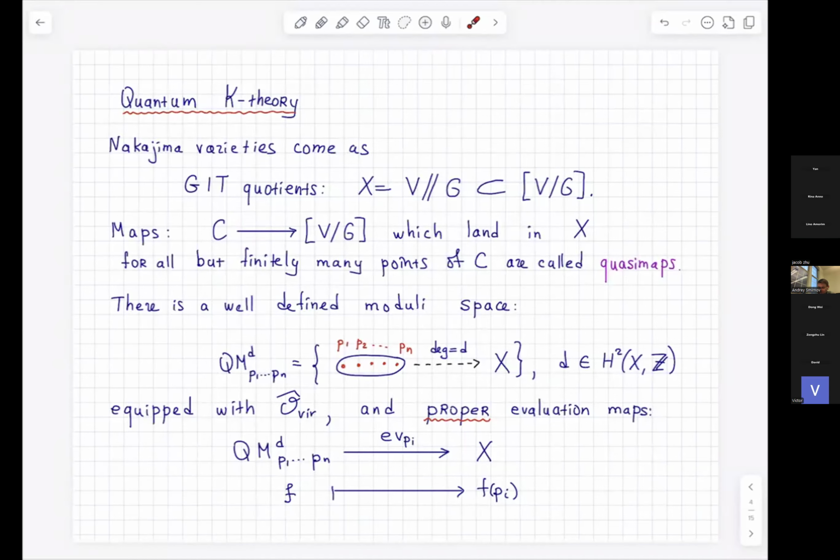This compactification results in the evaluation maps being proper, and we can compute push forwards of this virtual structure sheaf, which are like integrations over that moduli space. So we can compute some kind of Gromov-Witten invariants.